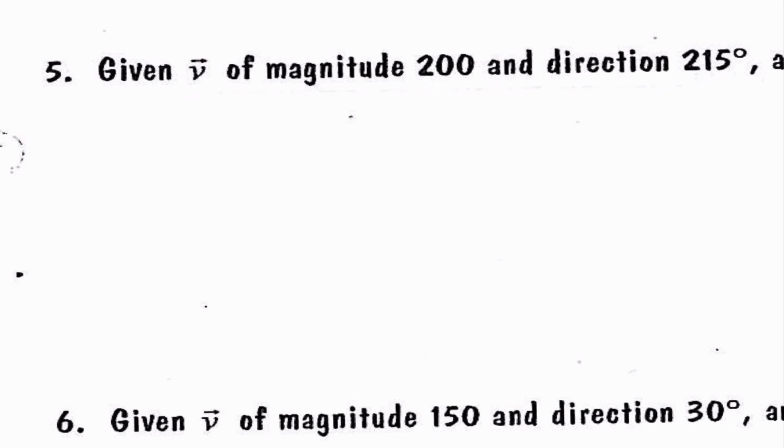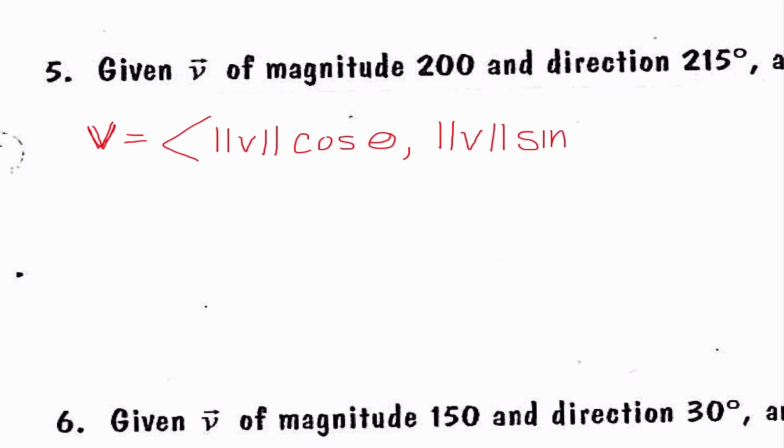Okay, to find component form of vector V, I'm going to do the magnitude of V times the cosine of theta, comma, the magnitude of V times the sine of theta. And we will see sine often goes with the y value. We saw that last semester, we will see that to come.